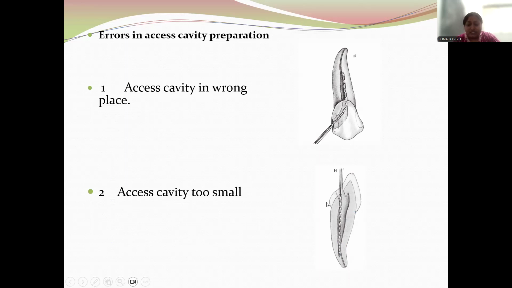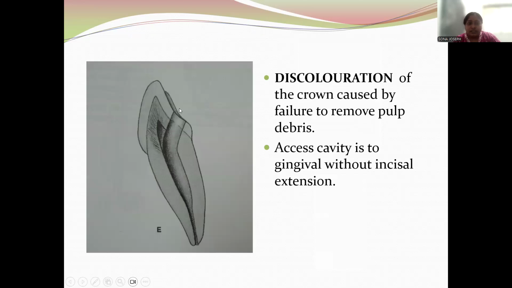There can be discoloration also if the access cavity is too small, without sufficient incisal or gingival extension. Pulp tissue can remain inside the pulp horns, and this can cause discoloration of the crown later, even after you have completed the root canal treatment.